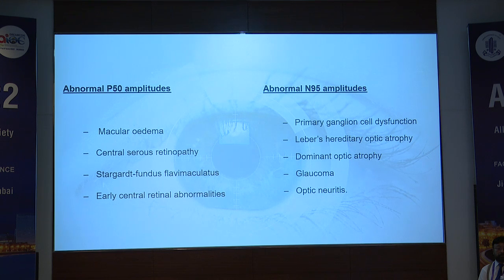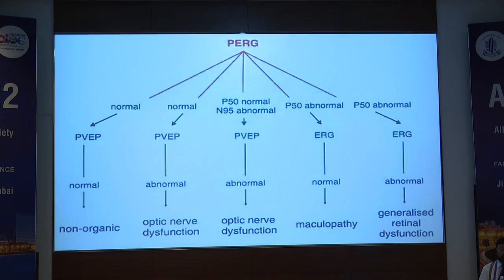Now, where all can we get an abnormal P50 amplitude? As I said, the abnormal P50 amplitude comes from abnormal macula. So subtle macular edema, central serous retinopathy, hereditary retinopathies which affect the macula, they will be causing an abnormal P50. Abnormal N95 will come in an optic nerve dysfunction of either type, either a glaucomatous nerve or a neuritis or a hereditary optic degeneration.